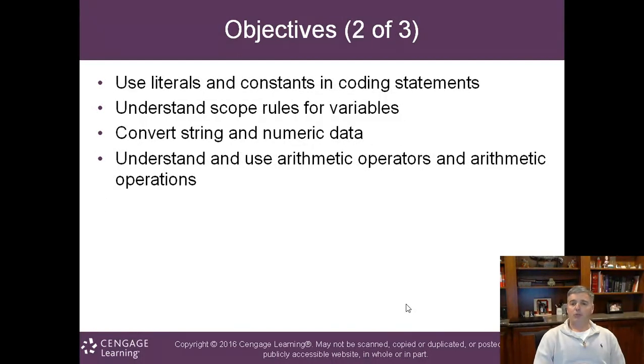We'll talk about the difference between literals and constants, and we'll talk about scope for variables. We'll talk about converting string and numeric data back and forth, and we'll talk about some arithmetic operations and operators that we'll be using in this chapter. Simple math, addition, subtraction, multiplication, division, nothing more complicated than that.